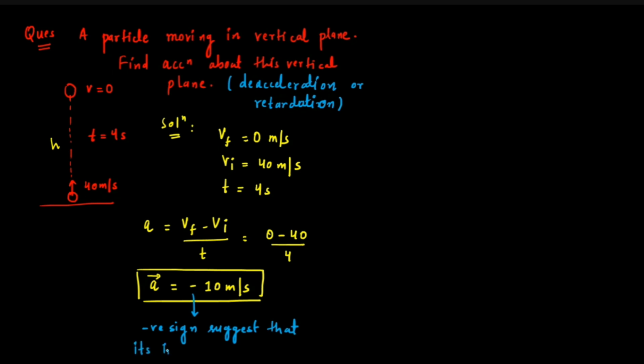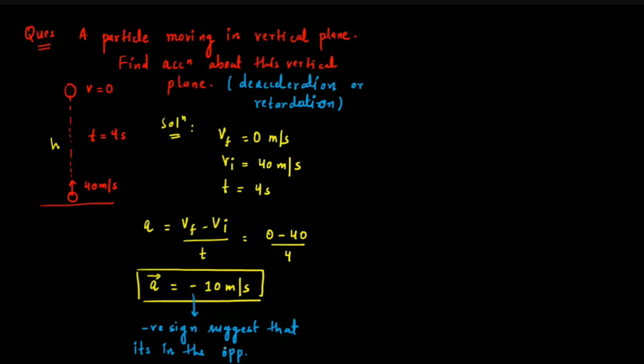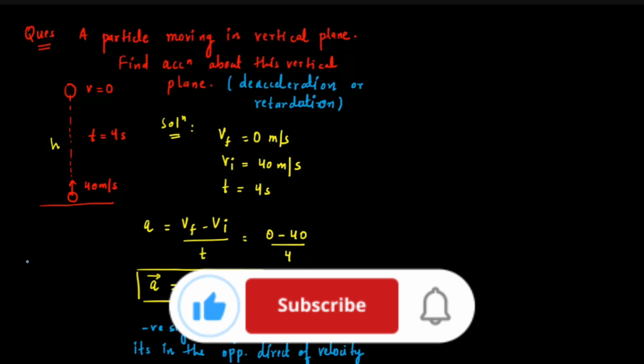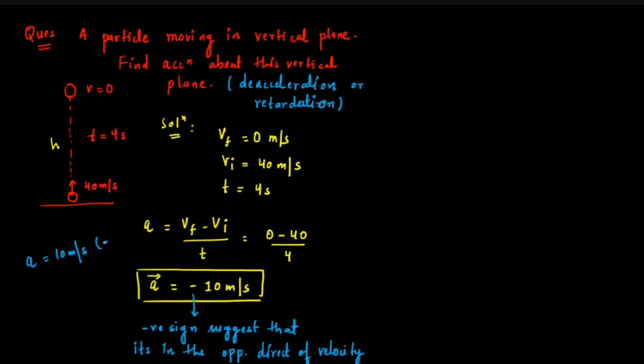We add j cap, right? Because it's moving in the vertical direction. Exactly. So how would we write it? We would say it is representing that it is in the opposite direction of velocity. So we will say that acceleration is going to be 10 meters per second squared in the negative j cap direction.